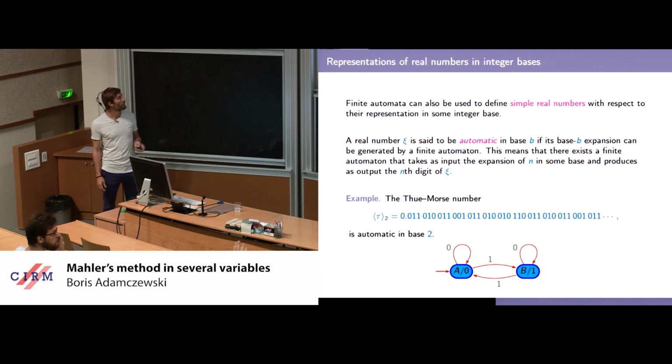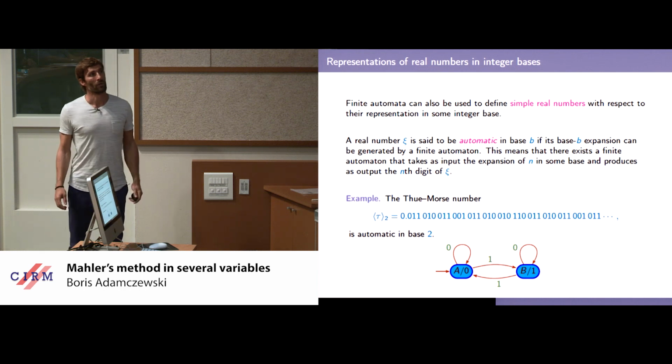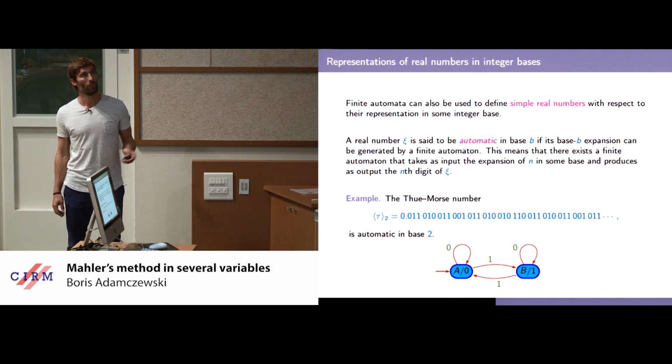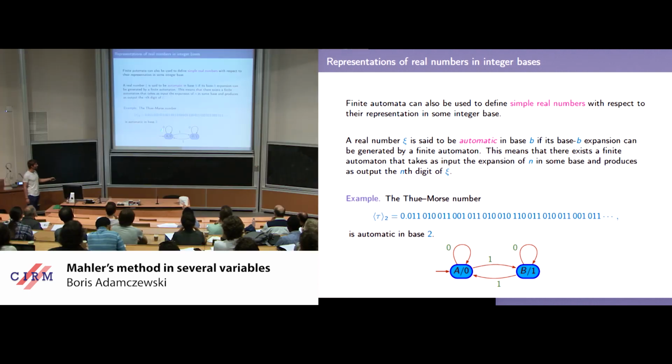Here is an example, the Thue-Morse number. It's a number written in base 2, and if you want to know what the nth digit is, you write n in base 2 and read n with this automaton. If you end the reading in A, the nth digit is 0. If you end the reading of n in B, the nth digit is 1.